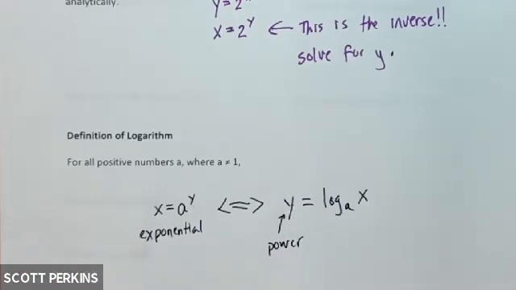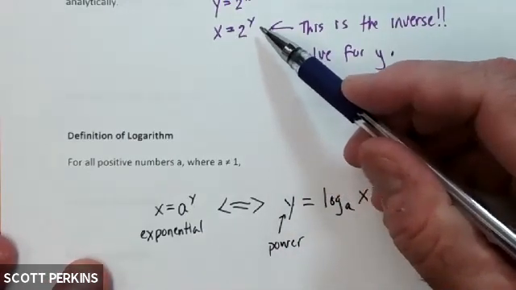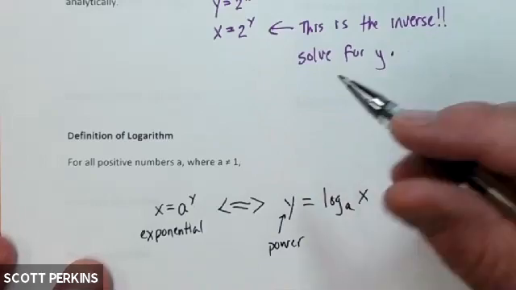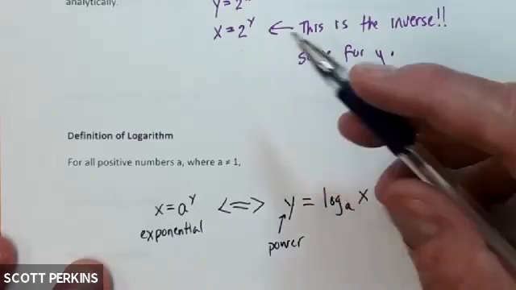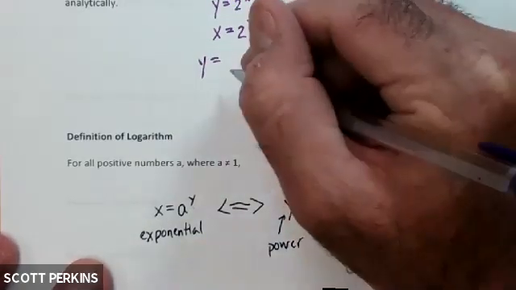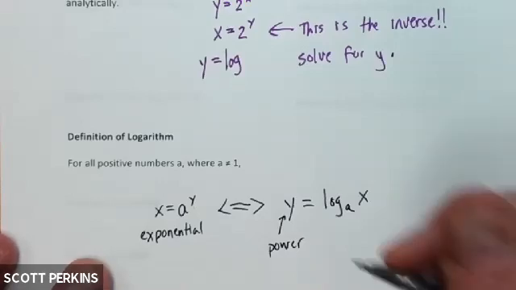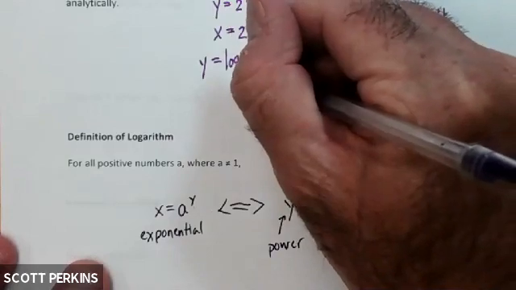So now, according to this definition, looking back up when we were finding the inverse, I can rewrite this without the y being in the power. According to the definition, this equation here becomes y equals log. What's the base? Exactly, a is right, and in this case, a is 2.